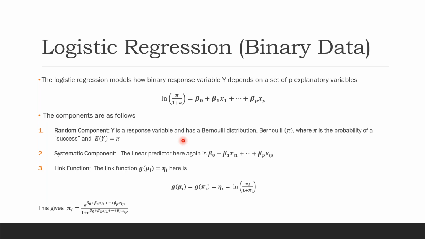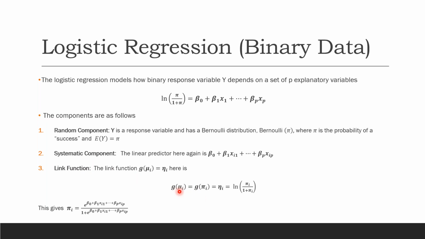The systematic component is the same as before, this expression over here. Now the link function g of mu. So this is now the logistic function.